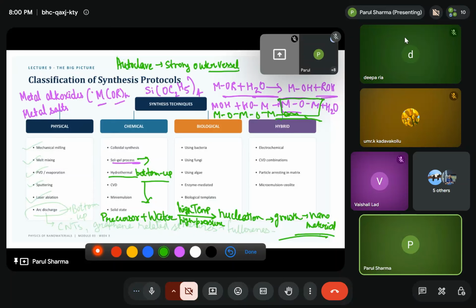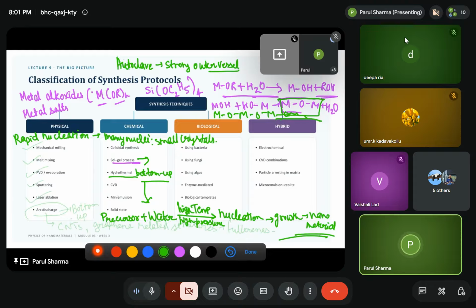So how can we control the nanoparticle size? The final nanoparticle size will depend upon the balance between nucleation and growth. Rapid nucleation will give many nuclei and small crystals.